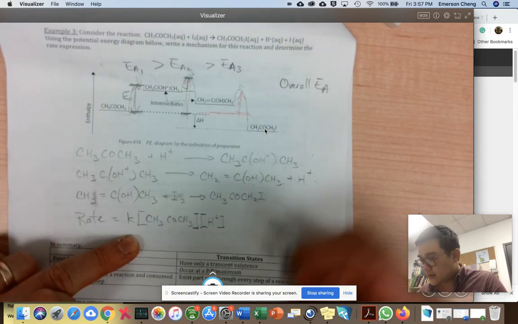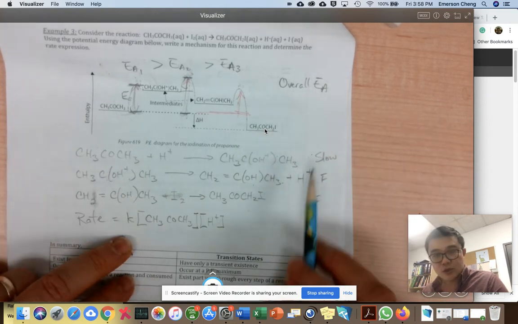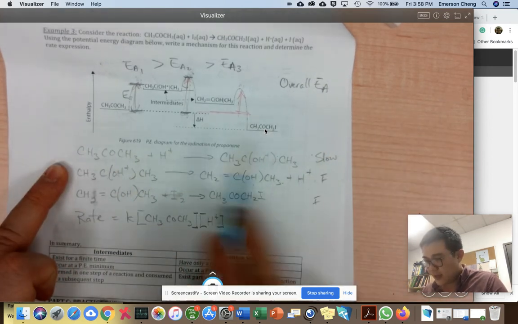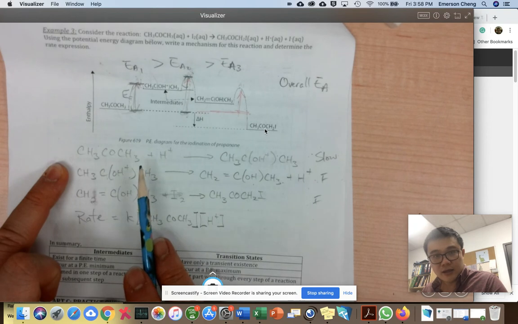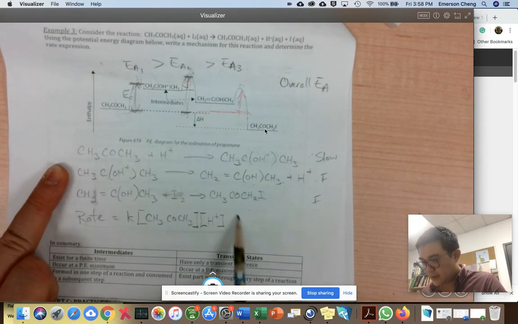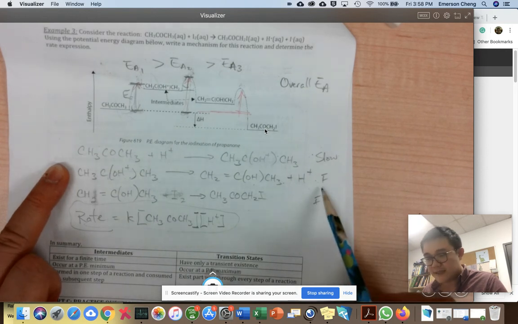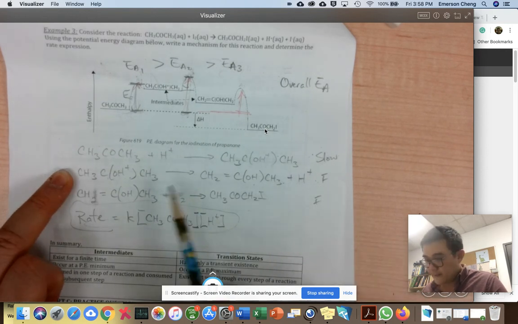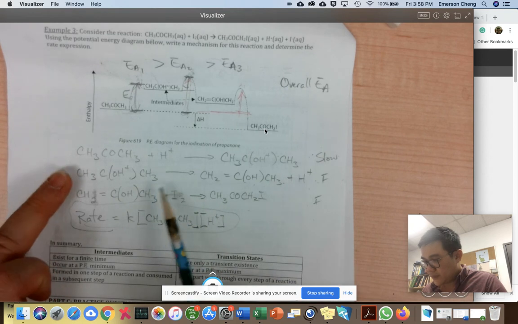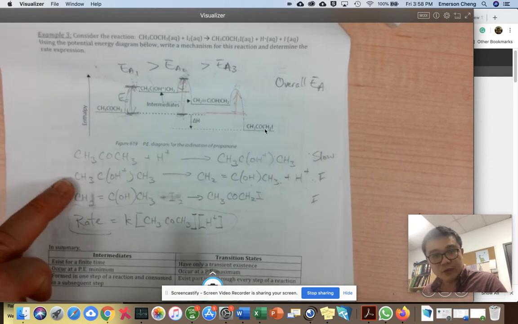So in this case, this is slow, fast, fast. With this mechanism, the rate expression would be this. Even if this is the slow one, because the slow step relies on the previous step, it will still be the same answer.